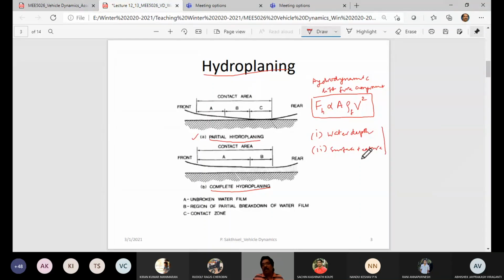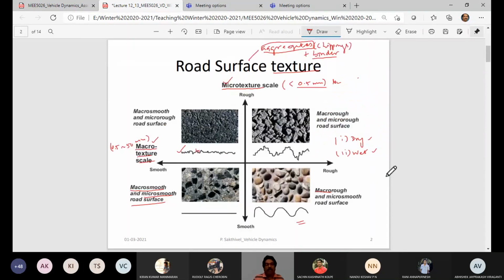So for surface texture, we have seen 4 different surface textures that are possible. So macro, rough, and what is preferred? Macro smooth and micro rough road surface, or these types of road surface.